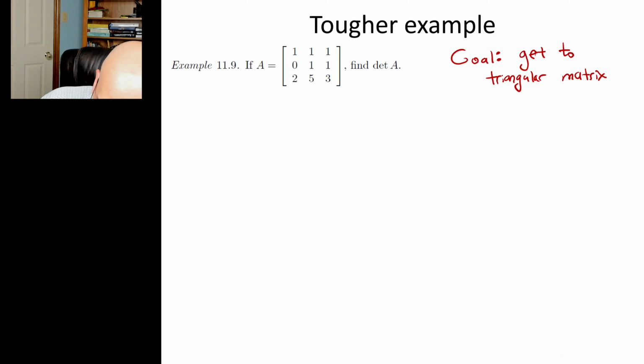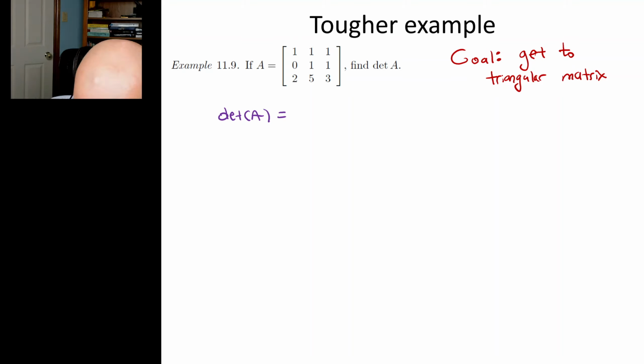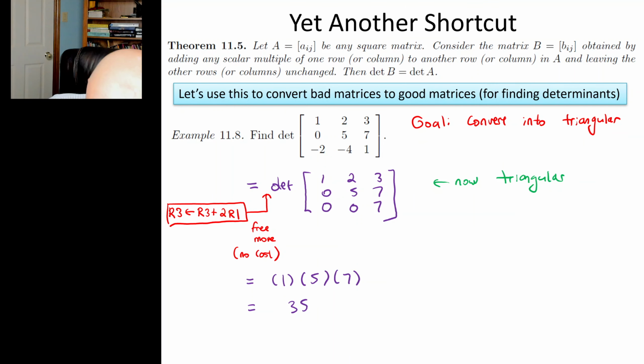That's the quickest way to get to a nice determinant property. So the determinant of A equals the determinant of, and I'm going to do this row operation, making sure I use some good notation here.